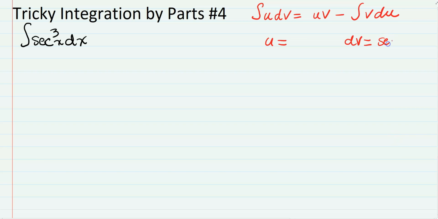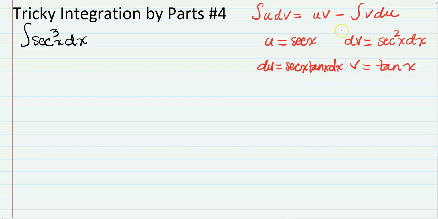In this case I will let it be secant square x dx, because I know the integral of that would be tangent x. Nice. So that means my u is going to have to be secant x. So then du would be the derivative of secant, which is secant x tangent x dx.